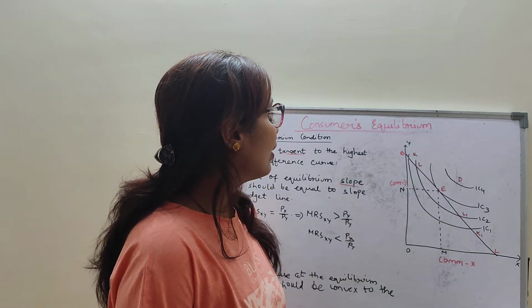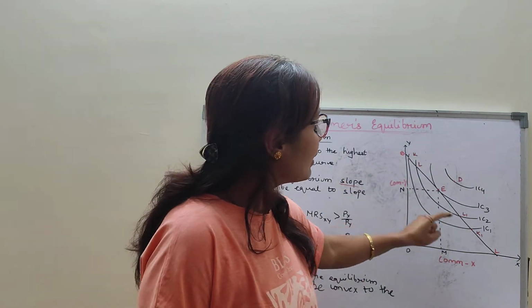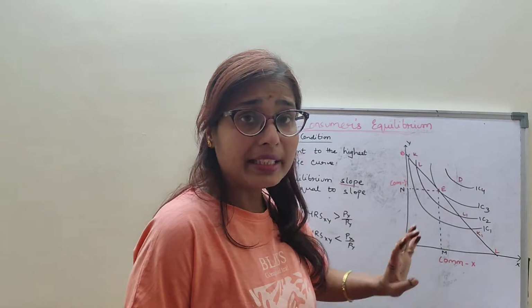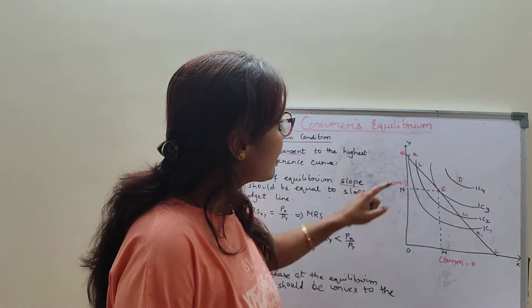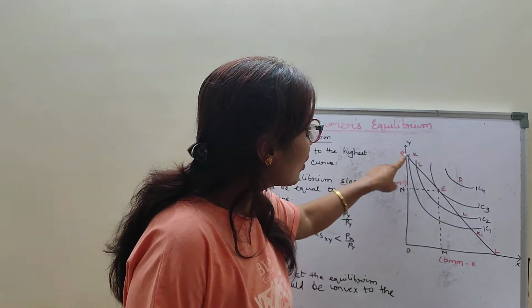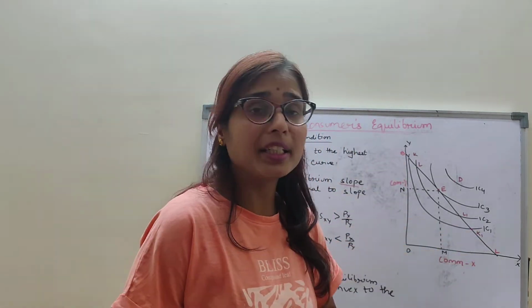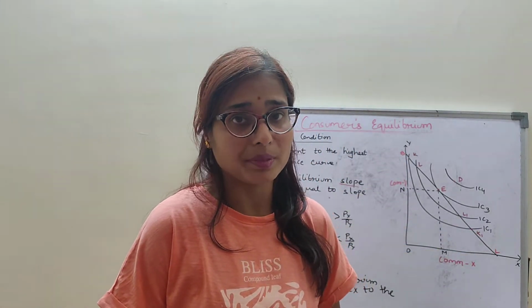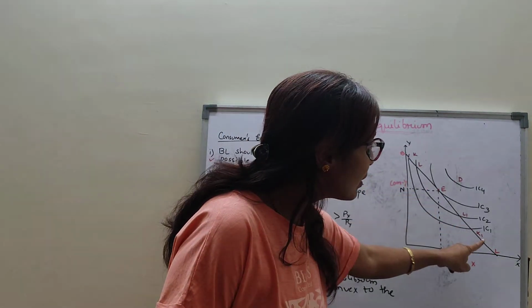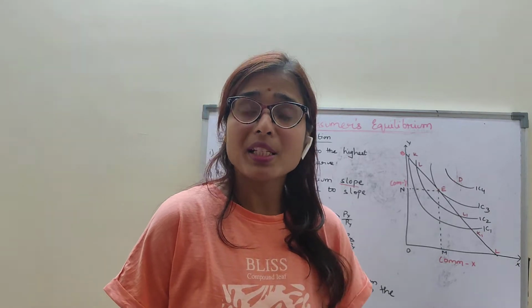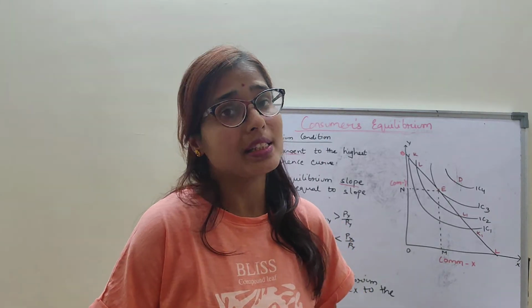You can see in this figure, BL is the budget line and the indifference curve is intersecting it at points K and K1. As K and K1 lie on the same indifference curve, they give the same level of satisfaction. Likewise, K and K1 lying on the same budget line means the same expenditure is incurred to purchase them.